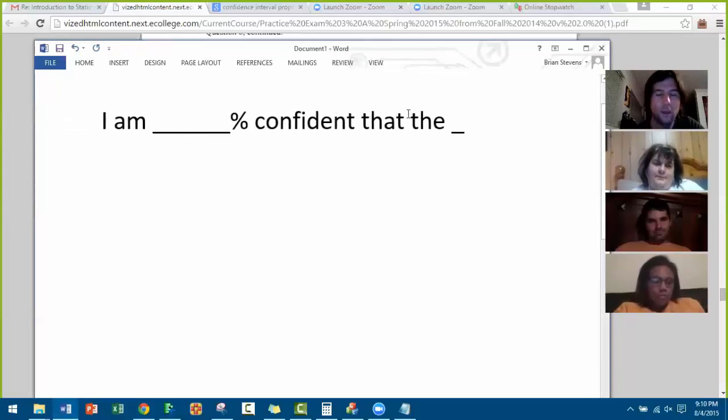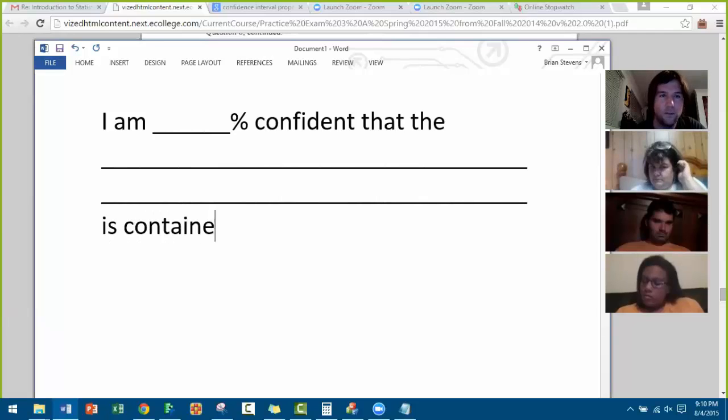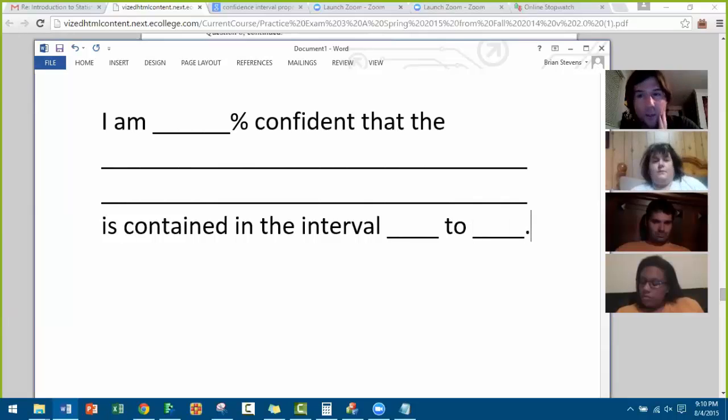Okay, there we go. That the blank, and I can't stress this one enough, is contained. That second part right there is a big portion of the problem. I am 95% confident that the true proportion of mislabeled seafood packages in these 3 states.